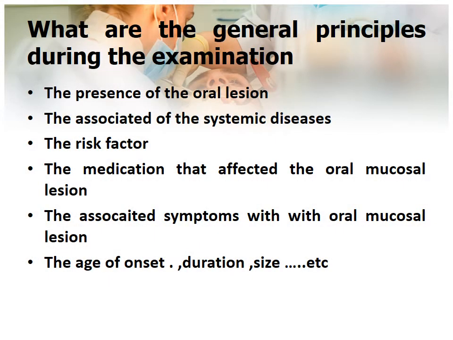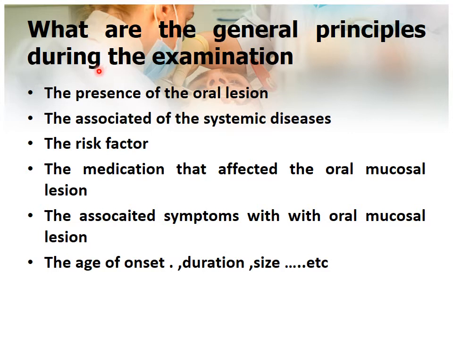So at the beginning we have to know what the general principles are during the examination. First of all, we have to see if there is a presence of any oral mucosal lesion.